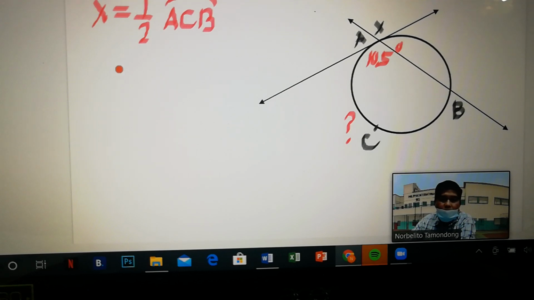So since the measure of angle x is 105 degrees, equal to 1/2 of arc ECB.